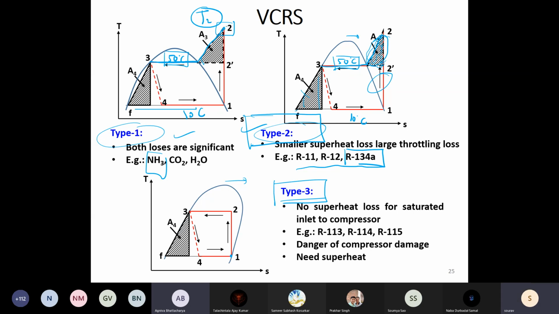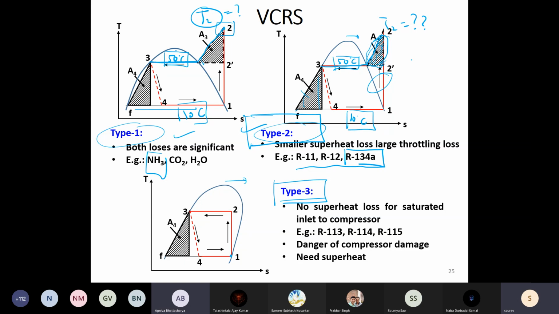So do not assume that because I am telling condensing temperature as 50, the discharge temperature is 50. As homework, fix the evaporator temperature as 10 degrees, fix the condensing temperature as 50 for both ammonia and R134A, check the T2 for ammonia, check the T2 for R134A.